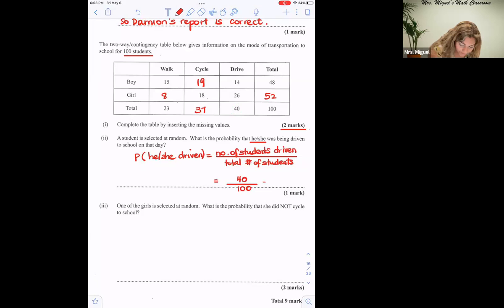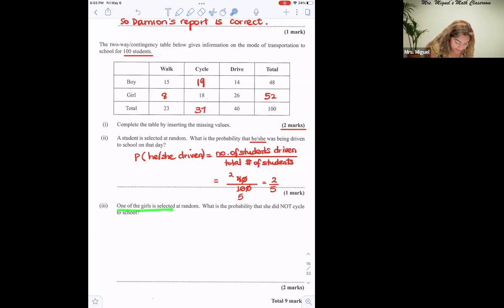Simplify that answer to the lowest terms. I have 2/5. All right.